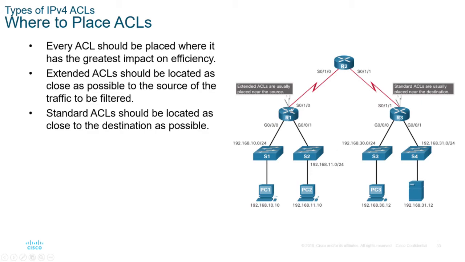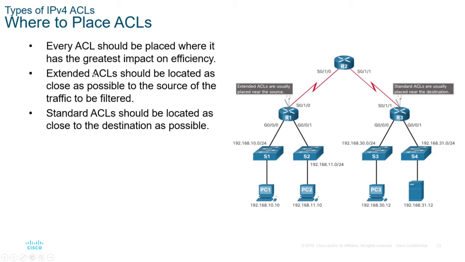Well, if I place it on the serial 0/1/0 interface, PC1 would still be able to talk to PC2, but it wouldn't be able to go beyond that, and it wouldn't be able to communicate with the server over there, or say the internet. Same thing if I placed it on the serial 0/1/1, it also would stop traffic as well, and I still wouldn't be able to talk to either of these.